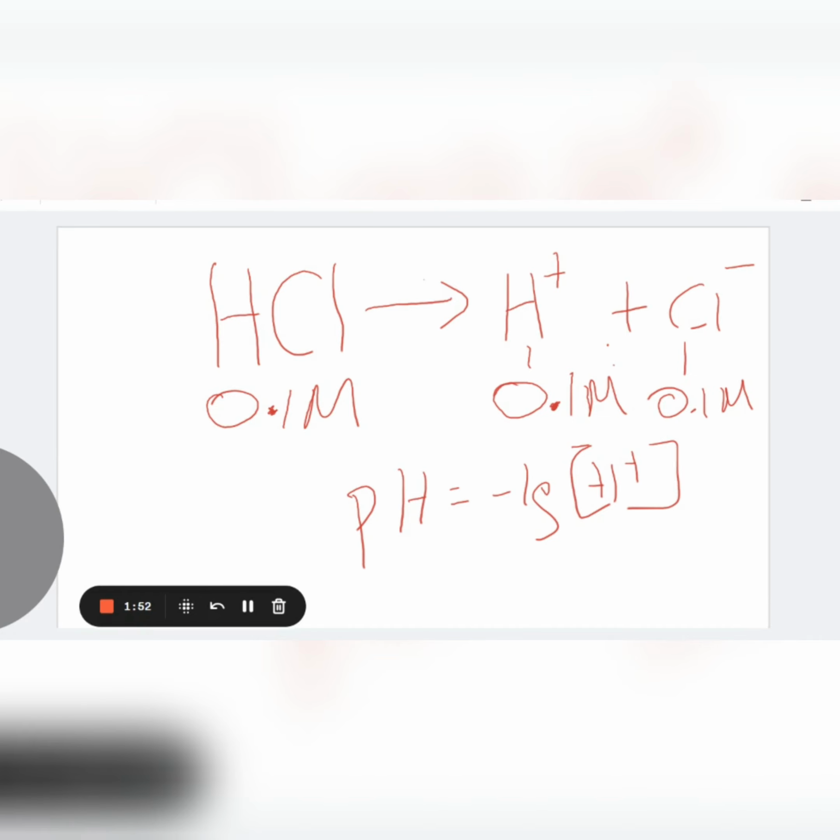Similarly, if you have a strong base, such as sodium hydroxide, you dissolve it in water, it goes to completion. So full ionization. So you're going to get the sodium ions and the OH ions.